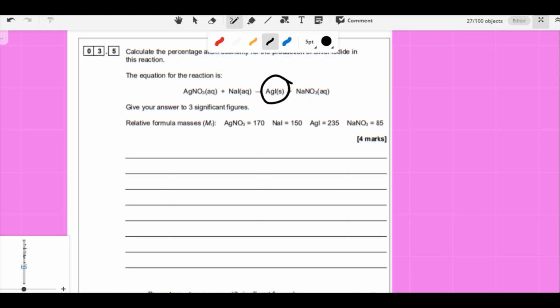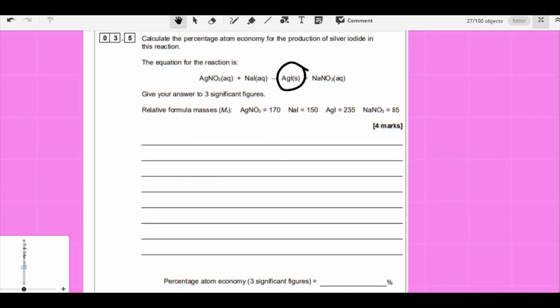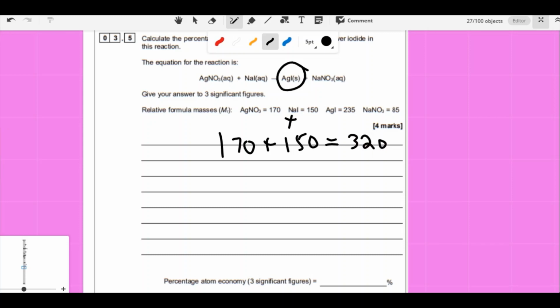The reactants are silver nitrate and sodium iodide, so you have to add up their masses: 170 plus 150 equals 320, while the silver iodide is 235.